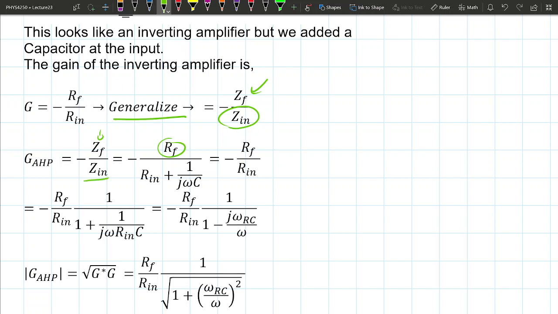The input has both a resistor and a capacitor on it in series. When you add impedances in series, they just add normally. So that's what the gain of our active filter is going to be.